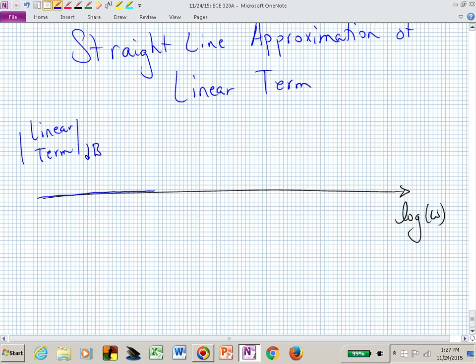And what's the sweet spot? When it's just right, which is when omega is equal to omega c, right at the break frequency. So we would continue flat until omega c, at 0 dB, and then if it's a pole factor, we are going to be sloping at minus 20 dB per decade.